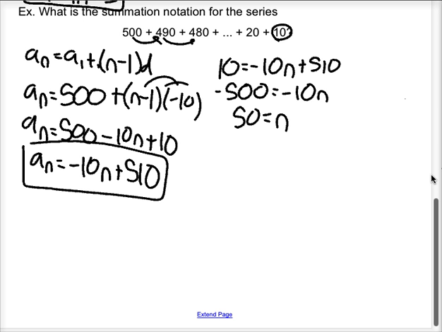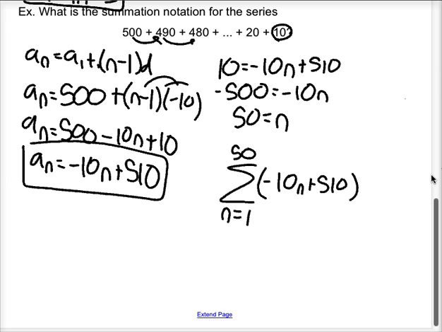So, how can I write this? Well, we're starting at 1. We just found I'm working my way up to having an n of 50. There's going to be 50 terms in this, following what pattern? Well, that sequence that I just made, that explicit formula.